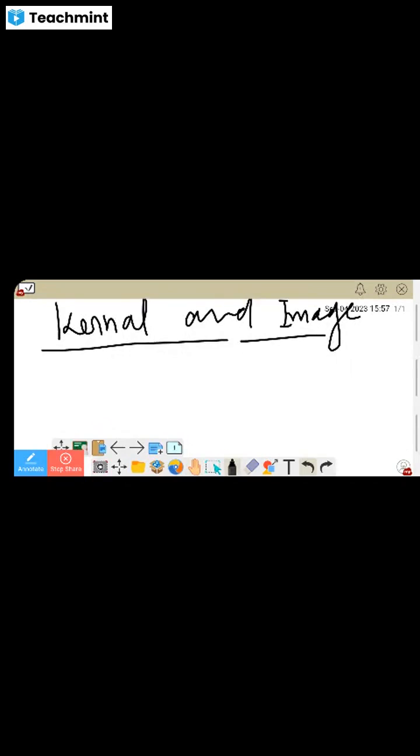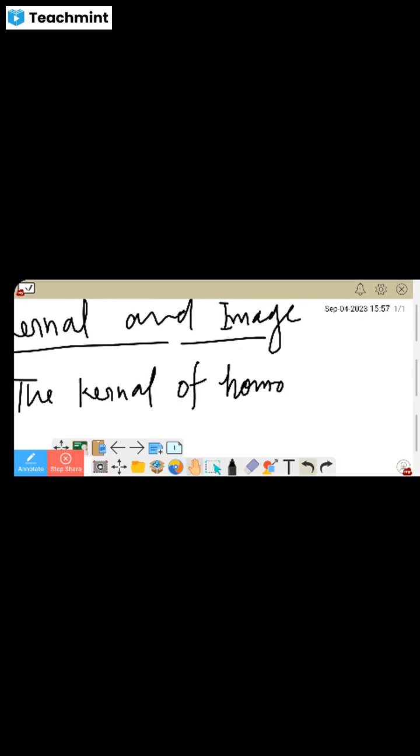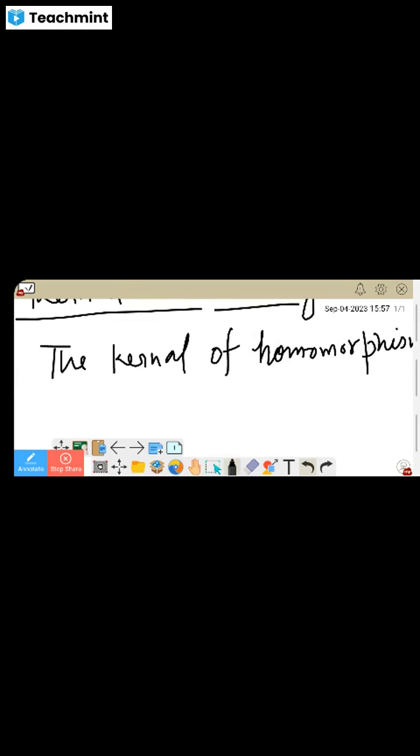So the kernel of a homomorphism is given by ker F in short.